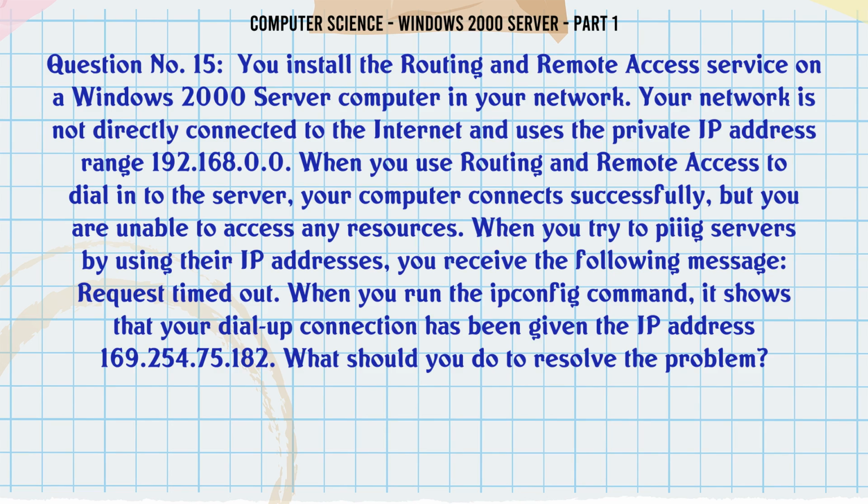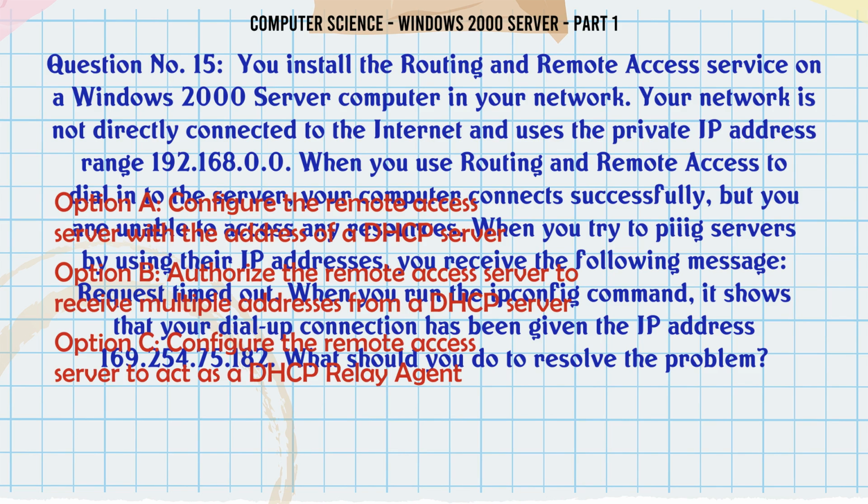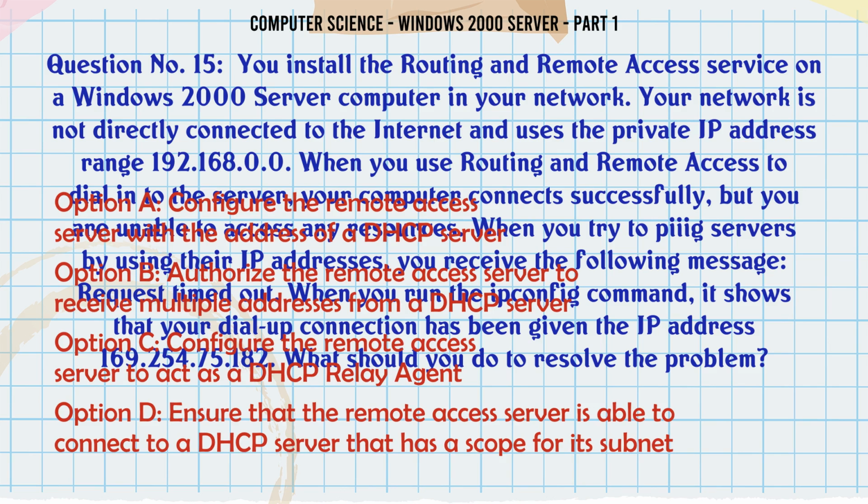You installed the Routing and Remote Access service on a Windows 2000 server computer in your network. Your network is not directly connected to the Internet and uses the private IP address range 192.168.0.0. When you use Routing and Remote Access to dial into the server, your computer connects successfully, but you are unable to access any resources.